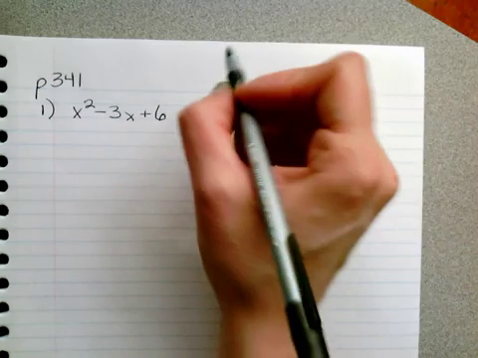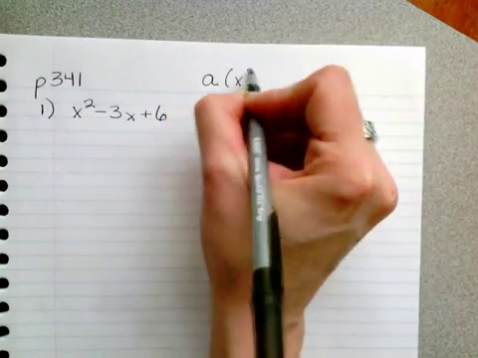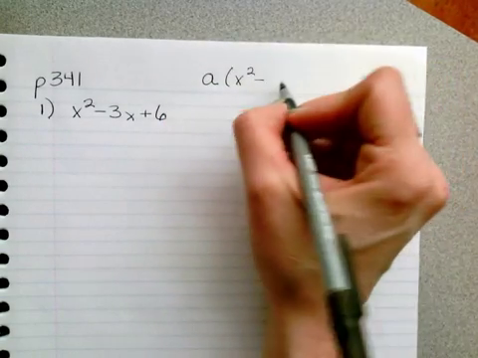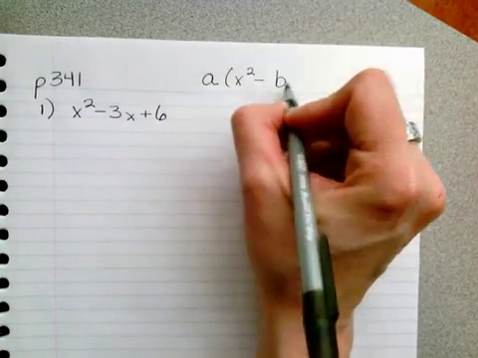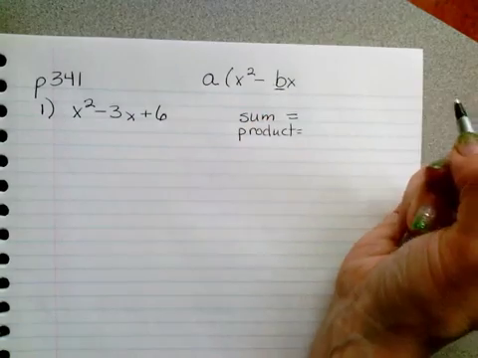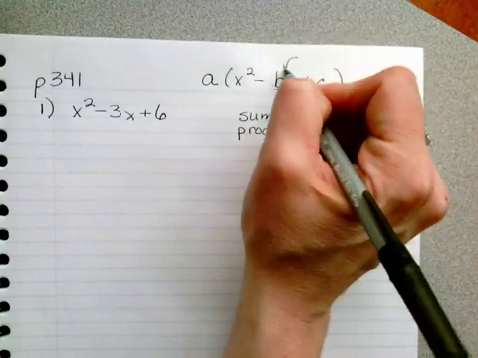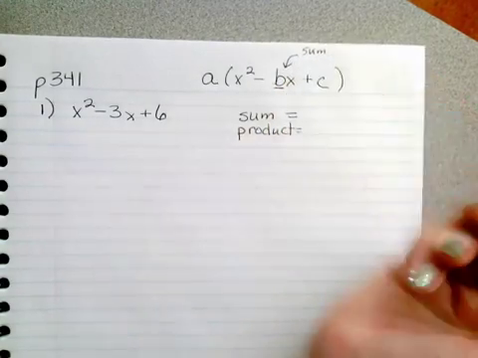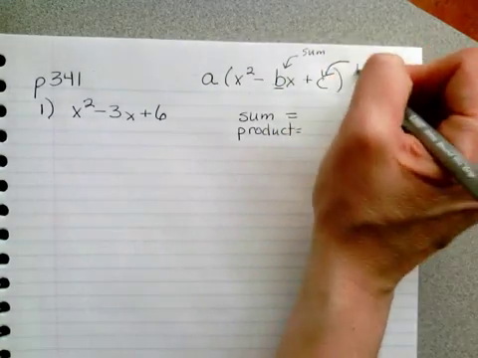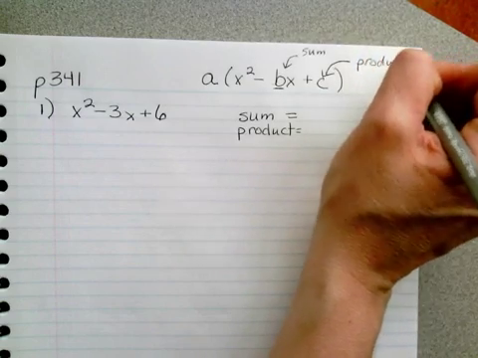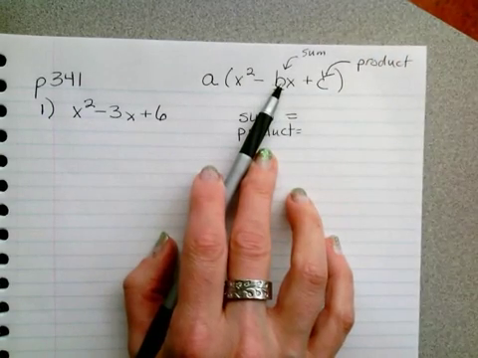The sum is whatever the coefficient is here. That's going to be the sum. And we know that the product is whatever has fit here.